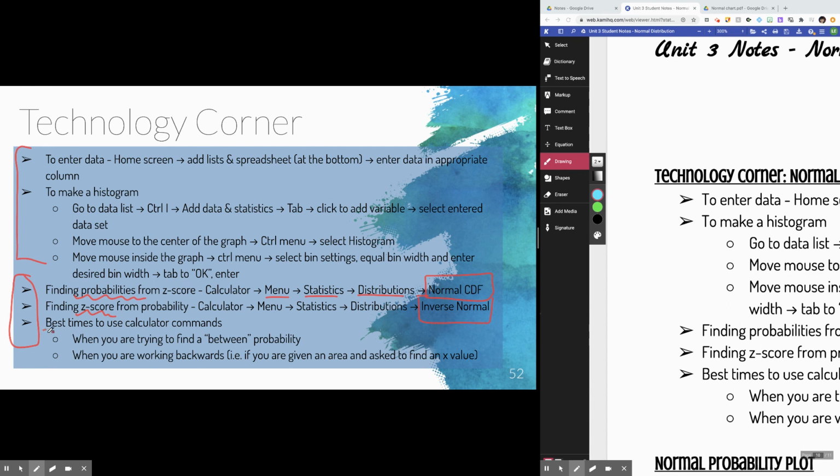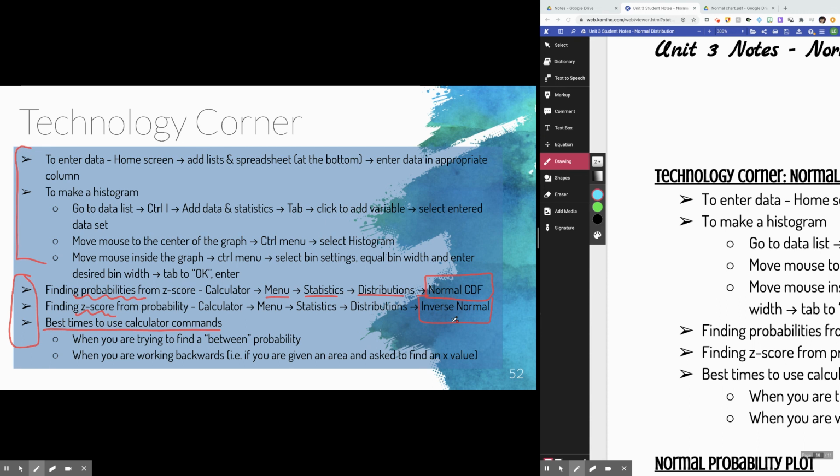The best times to use your calculator commands are when you're finding a between probability, because for a between probability, you have to find two values in the z-table, and that takes a little bit of time. Or when you're working backwards, because this command, inverse normal, is going to give you a more accurate z value than if you use the z table.